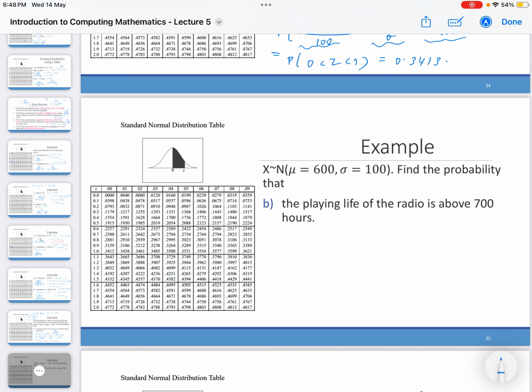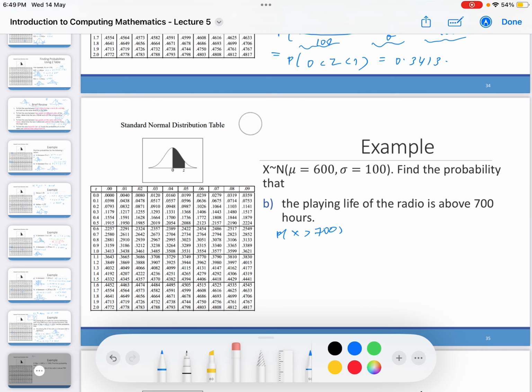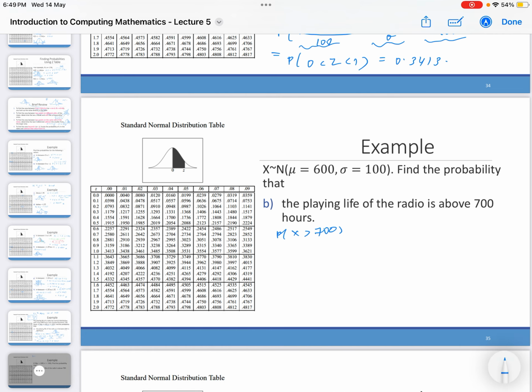Okay, let's look at B. The playing life of the radio is above 700. So we want to find the probability of X greater than 700. Again, we use this formula, Z equals X minus mean over standard deviation.